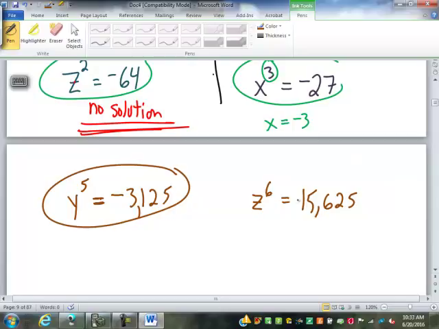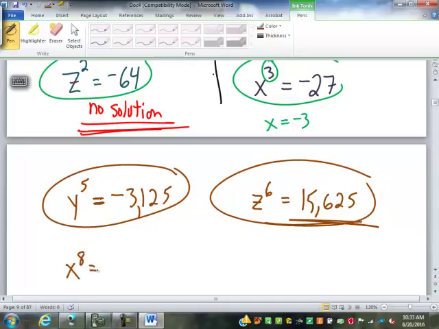There's a positive here. Doesn't matter what the power is. When this number is positive, it's solvable. How about this one? No, because it's an even power, and I got a negative number here. An even power cannot equal a negative, ever. That's really the big picture that I want you to get out of that. That's the biggest concept there.